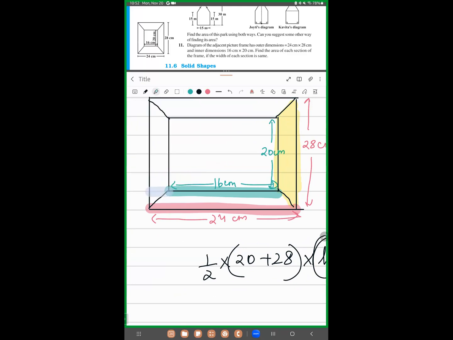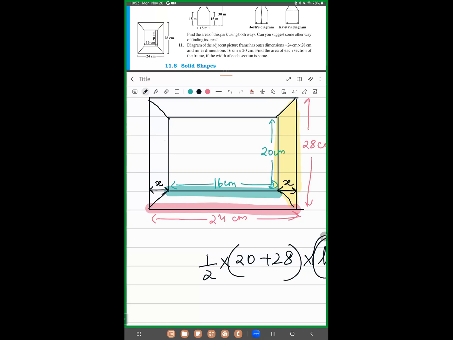This one and this one. And they are telling us that the width on each side is the same. Very good. So this one is going to be x and this one is also going to be x.